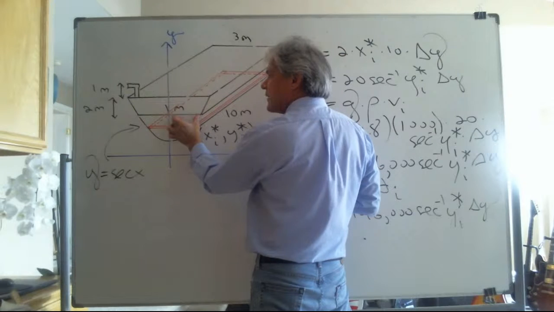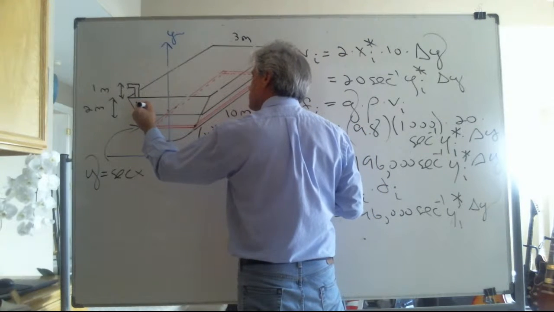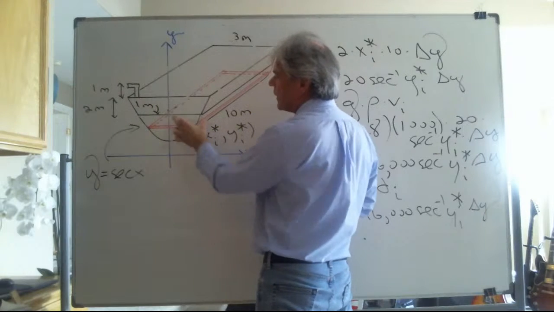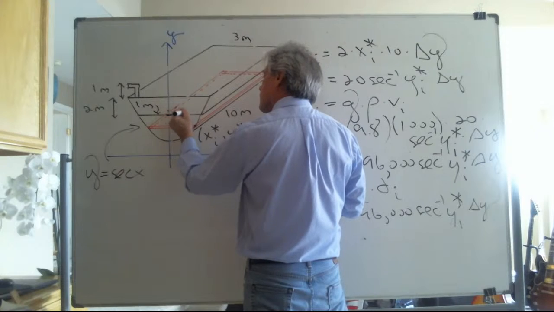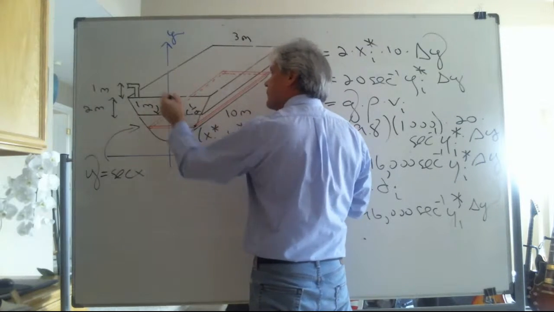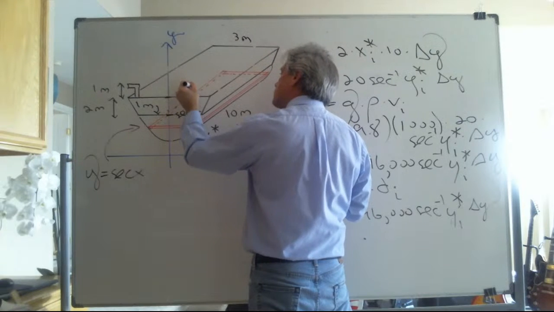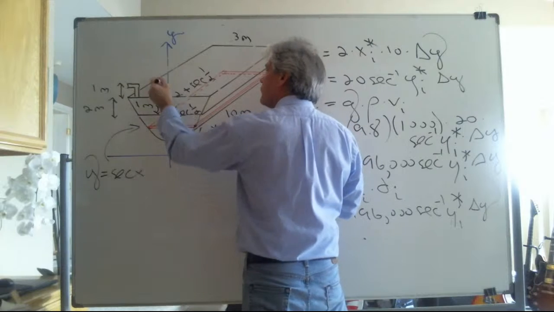This is 1 meter, so that's a half a meter. If that's 1/2, then this y value is this. 2 units above it is this. 1 more unit above it is this.